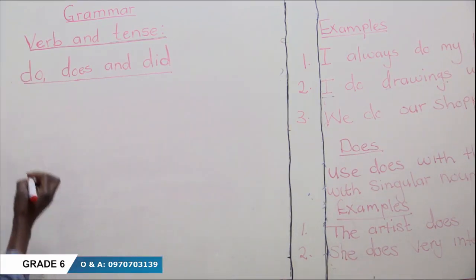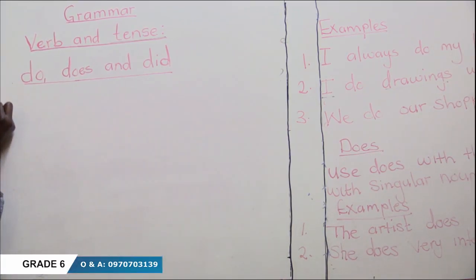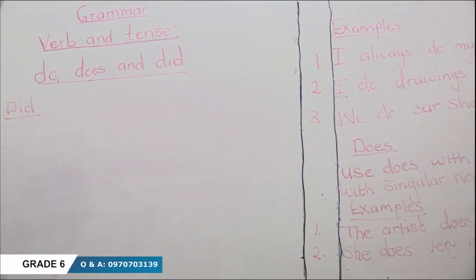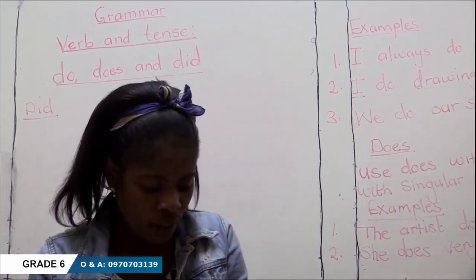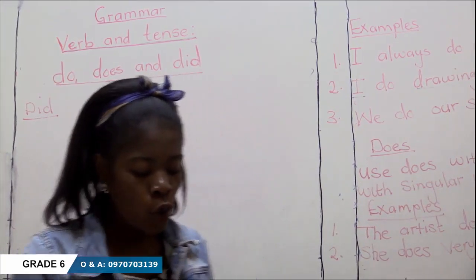Let's now look at did. So the simple past form of do is did.